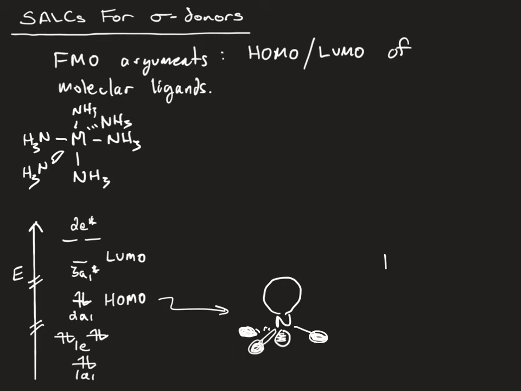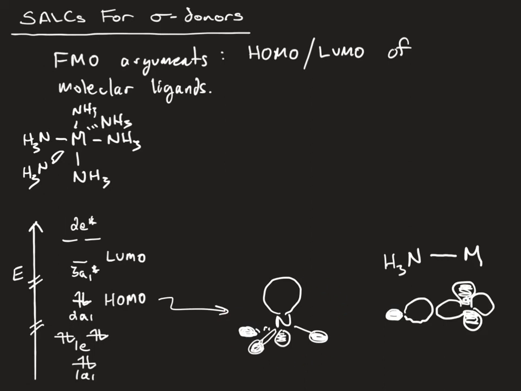This will be oriented along the metal-nitrogen bond, so we're forming molecular orbitals to that metal in a sigma type fashion, so overlapping with a metal 3d x squared minus y squared, for example. This type of interaction is identical to the type of interaction you would get if you were to use atomic 1s orbitals as opposed to this a1 type molecular orbital.